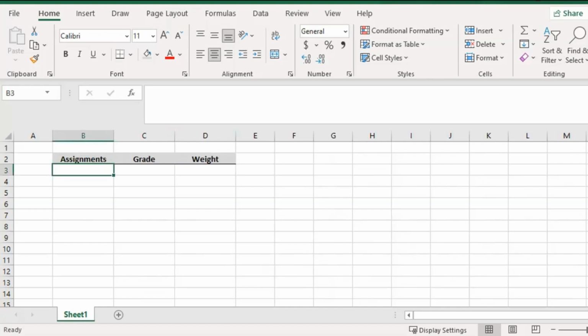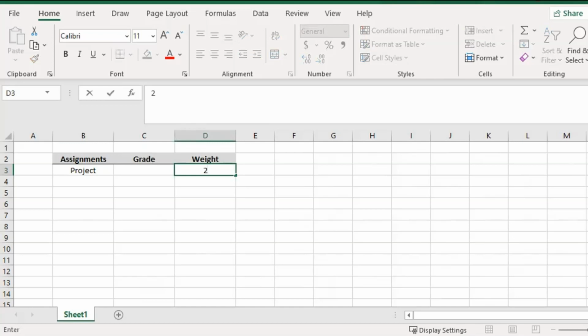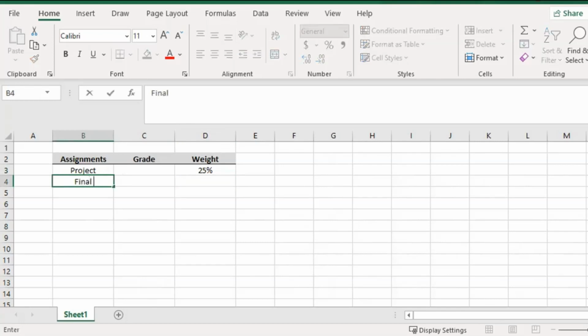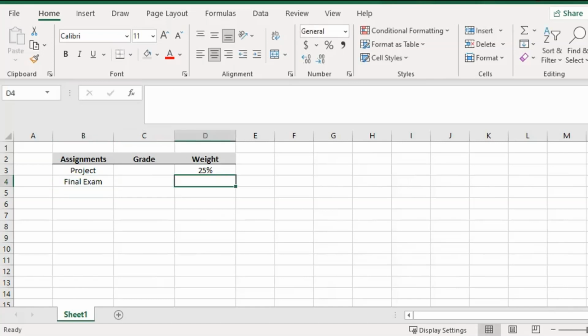Okay, so for assignments, we have, let's say, a large course project, and let's say it's worth a quarter of our grade, so 25% of our grade. Let's say then too that we have a final exam, and that final exam is worth as much as the project.